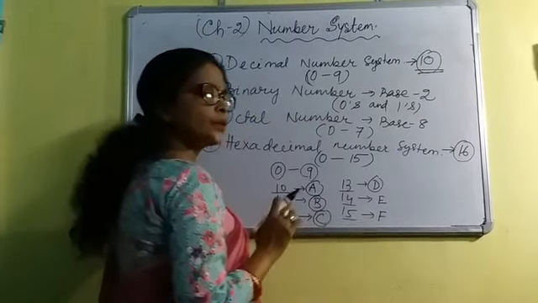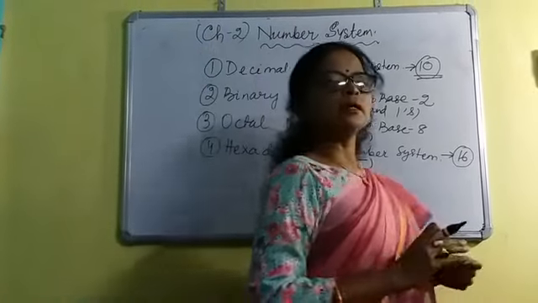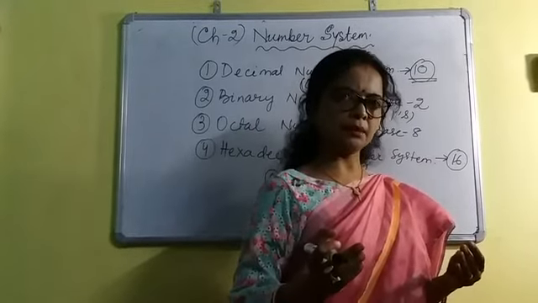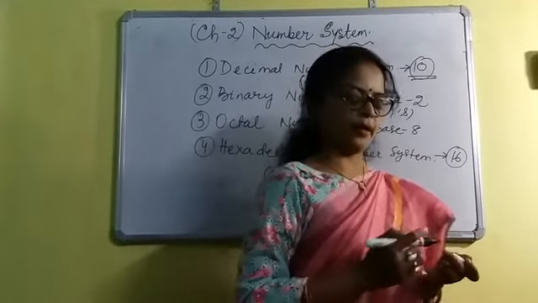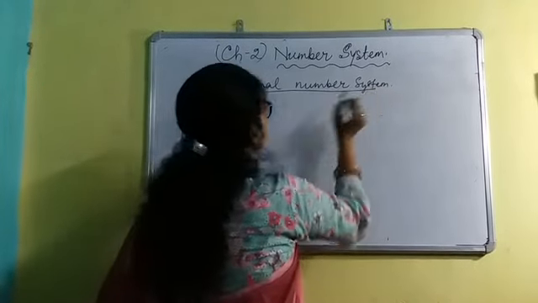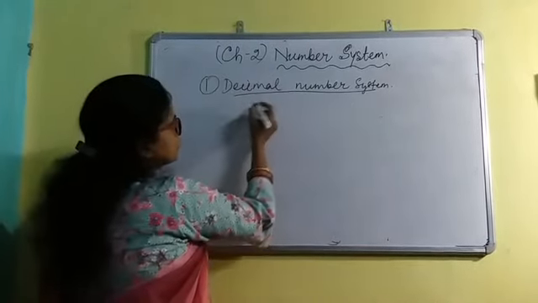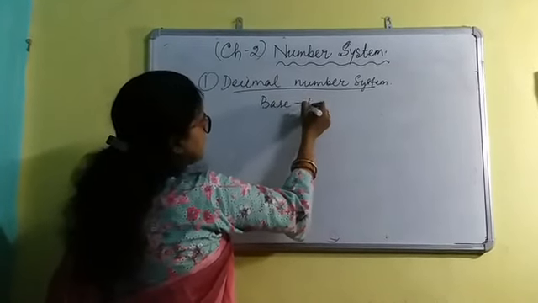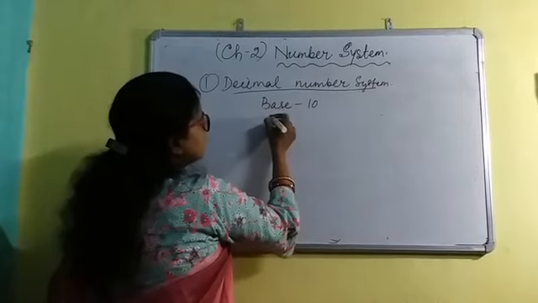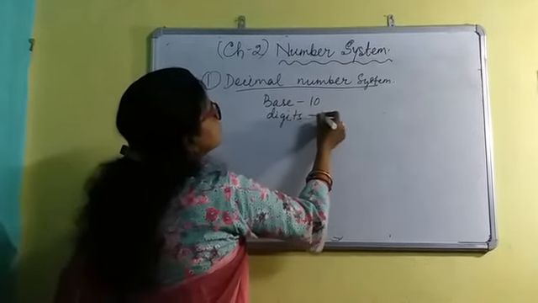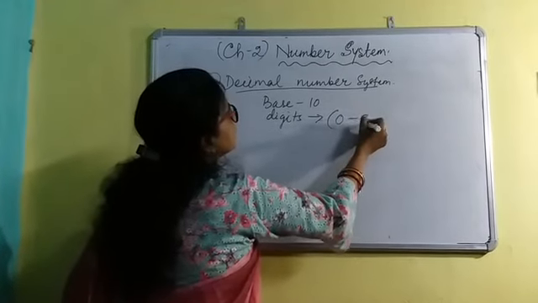Now we will discuss the decimal number system and the binary number system briefly. In the decimal number system, as I already told, the base is 10 and the digits are from 0 to 9.